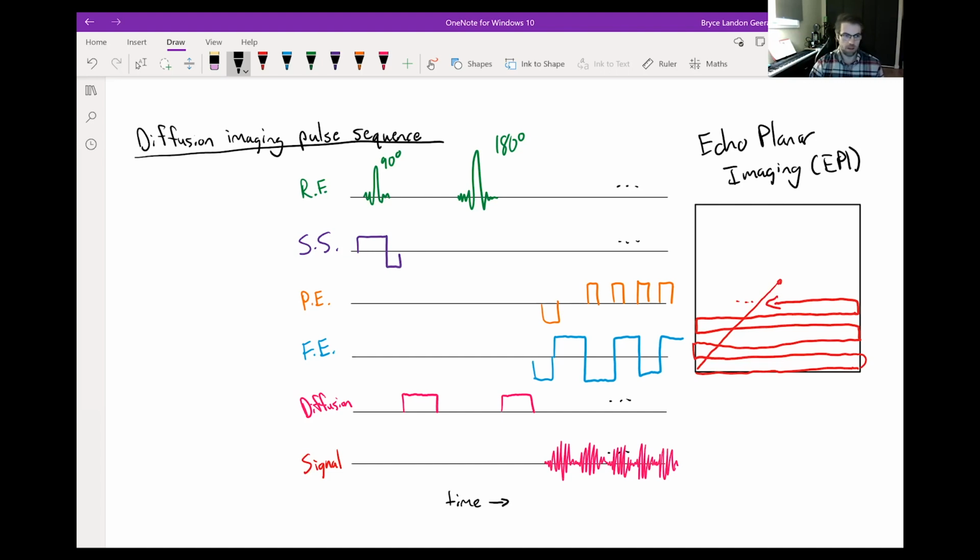And also the longer that we sit around in this K-space acquiring data, the more time there is for water diffusion to occur to an even further extent, which will exacerbate the phase differences that we see in our later echoes that we're acquiring at the top of K-space if we're going from bottom to top.